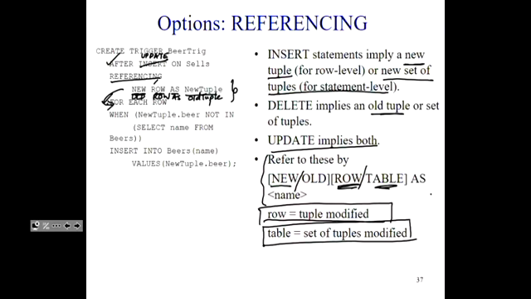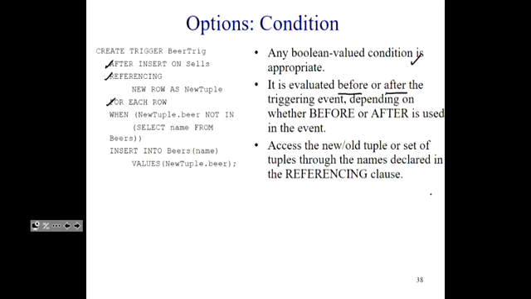Let's look at the condition. So the condition is any Boolean valued condition. This is evaluated before or after the triggering event, depending on whether you used before or after in the clause above.